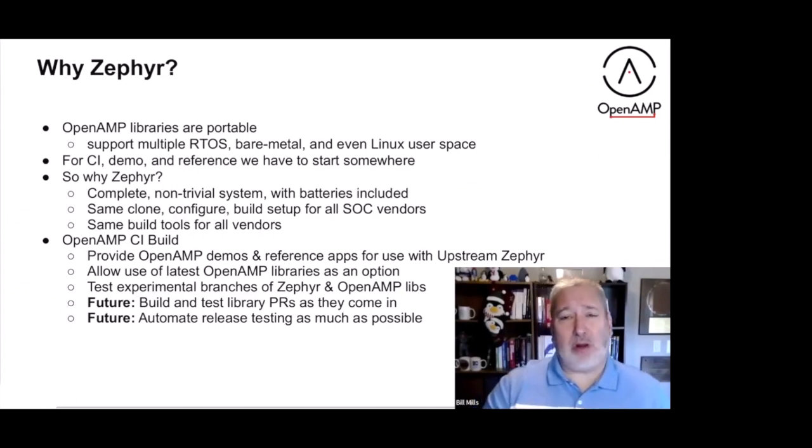In the future, we want to be able to build PRs to the libraries as they come in for regression testing and that sort of thing. And we also want to automate the release testing that happens twice a year for these libraries, so do as much of that in an automated fashion as possible.